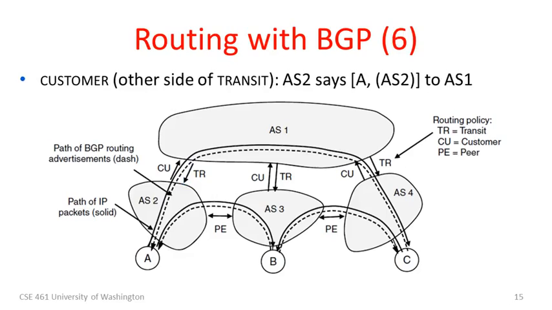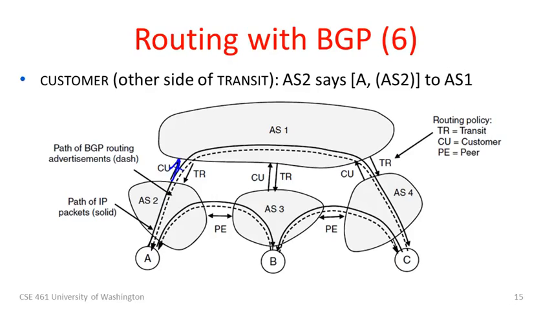There's also the flip side of this that I've labeled customer in this diagram. It's the other side of the transit service agreement. If we just look at AS2 getting transit from AS1, part of the deal was that AS1 would route traffic from everywhere else in the internet to reach AS2 if anyone was trying to send to address A. So to do that, AS2 needs to tell AS1 that it has prefix A, and this is what it needs to allow traffic to reach.